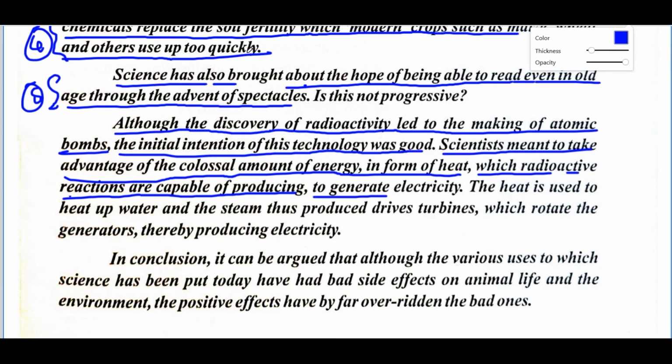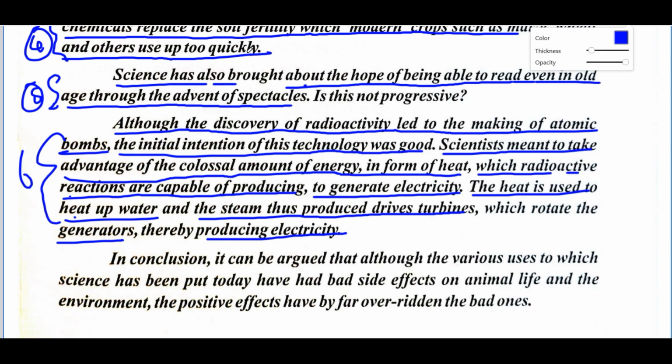To generate electricity, the heat is used to heat up water, and the steam thus drives turbines which rotate the generators, thereby producing electricity. So we are saying even if at times the same technology can be used to make bombs that can destroy the world, even living things, the intention was not to make bombs. Bombs were just a byproduct. So this is another point, number 6, in which you are defending your stance.